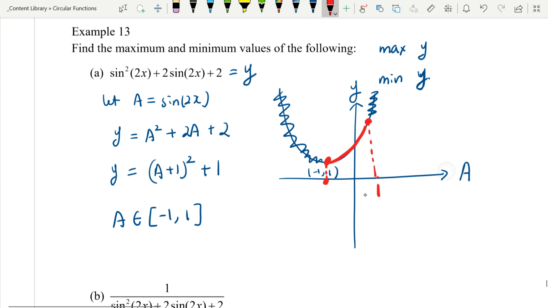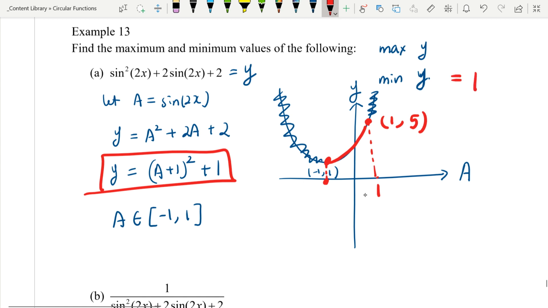So when a equals 1, what does y equal? Not 2, 5. You substitute a equals 1 into the function and solve for y. 1 plus 1 is 2, 2 squared is 4, 4 plus 1 is 5. So it's this red part of the graph, and y minimum equals 1 and y maximum equals 5. It's very easy to see from this graph.